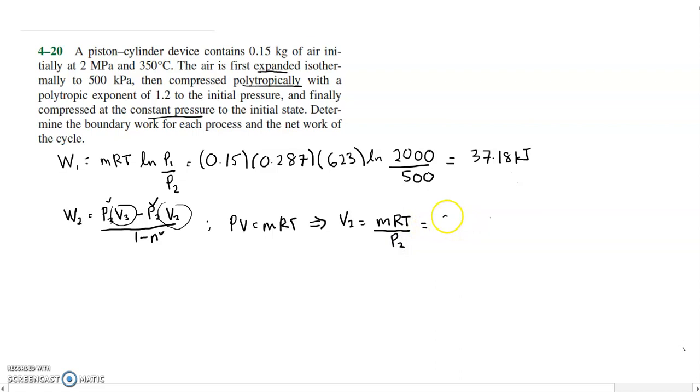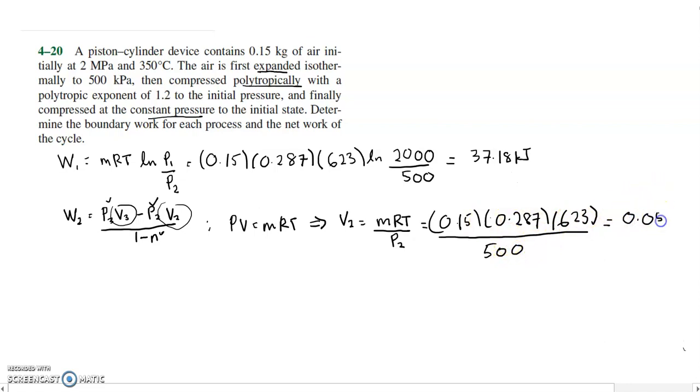Your M is 0.15, R is 0.287, 623 for temperature, over pressure of 500 kPa. So you will get V2 equals 0.054 meter cube.